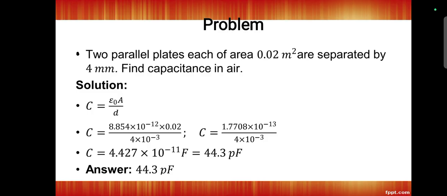Substituting the distance and area in the formula C is equal to epsilon naught A divided by D, where epsilon naught is the constant 8.854 into 10 power minus 12, the capacitance is calculated as 4.427 into 10 power minus 11 farads. Writing this in the picofarad range, it is 44.3 picofarads.